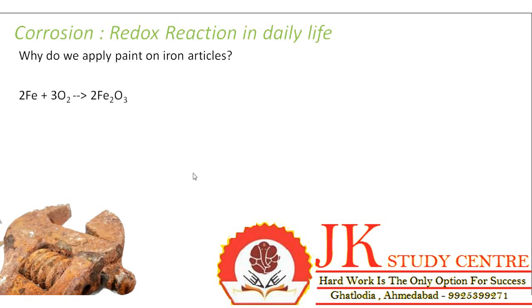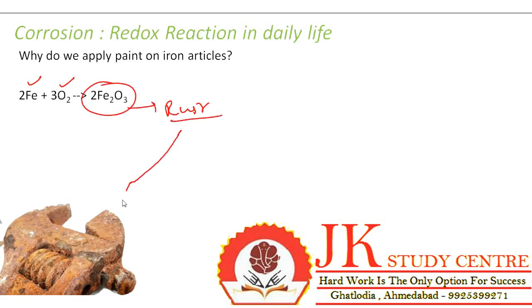The iron comes in contact with oxygen and gives a reaction, forming Fe2O3, which is nothing but rust, which you see here. To avoid this oxygen, we paint this. If you paint it, the iron won't come into contact with oxygen and Fe2O3 won't be created, and then rusting will be prevented.